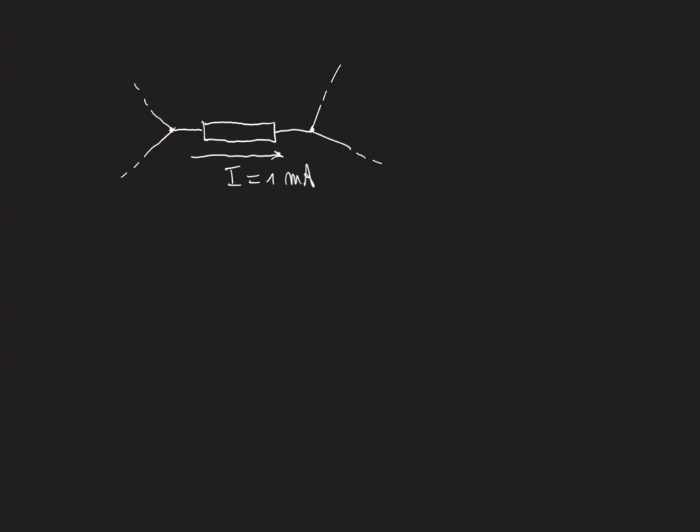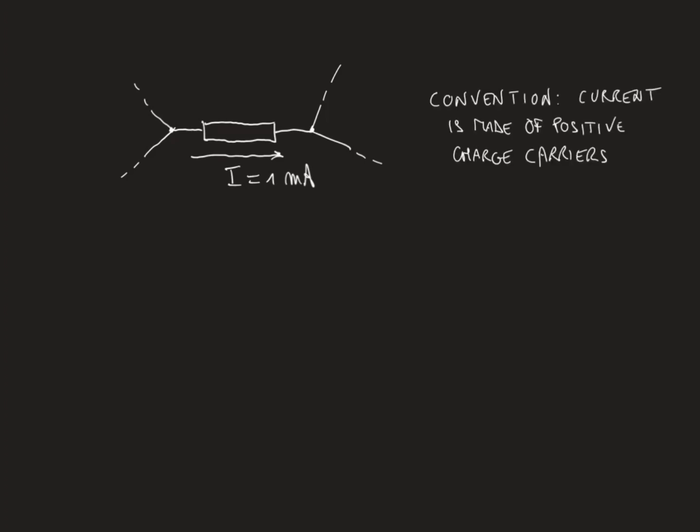Note that the arrow indicates the direction of the current as if it were made of positive charge carriers. We know by now that the moving charge carriers making up the current are actually electrons. So electrons will be actually moving in opposite direction to the conventional direction indicated by the arrow.